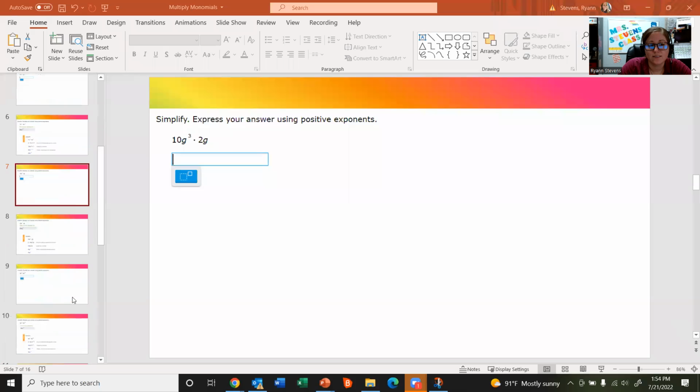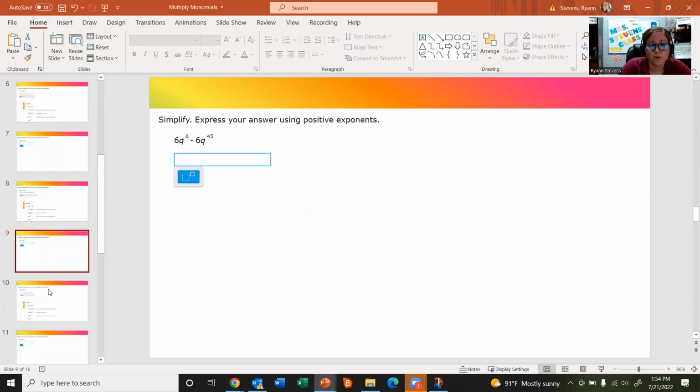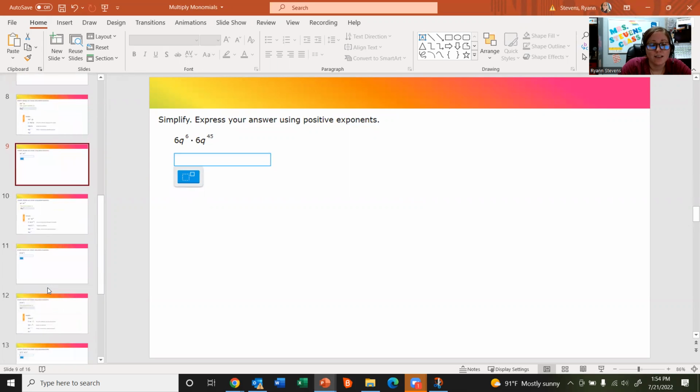All right. Look at this one. We've got 6q to the 6th power times 6q to the 45th power. Now these exponents are a little bit higher, but we're going to solve it the same way that we did before, and we just want to express our answer as a positive exponent.